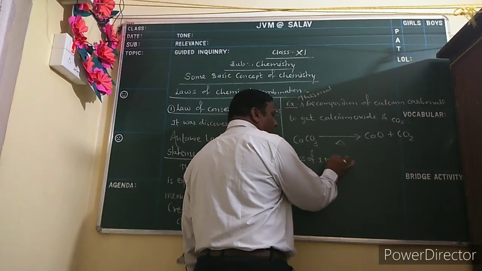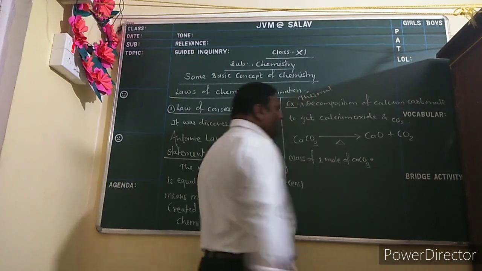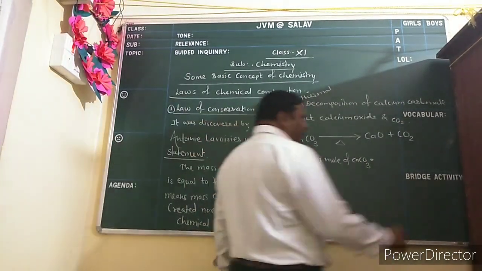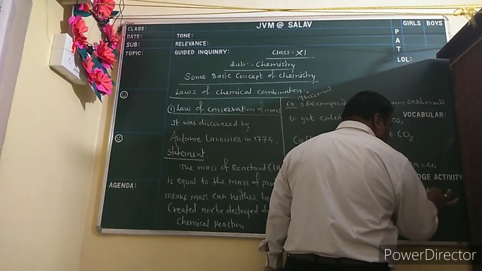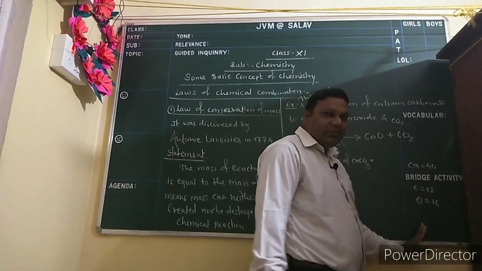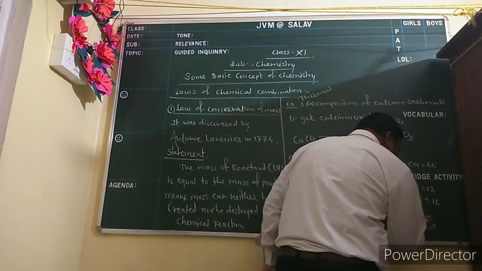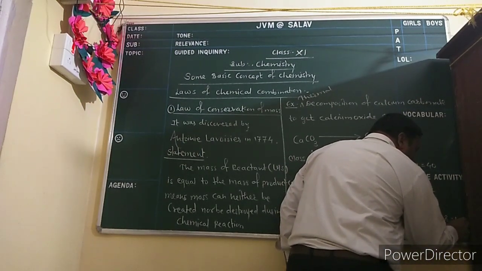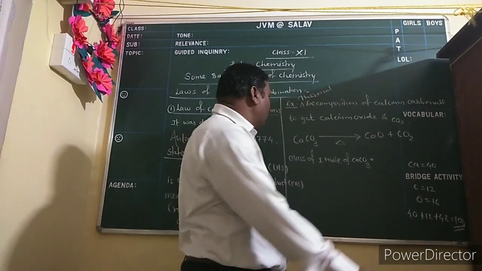So what will be the mass of 1 mole of CaCO3? Here calcium is 40, carbon 12, oxygen is 16. We have to write the atomic mass. When added together, 40 plus 12 plus 48, you will get 100. It is the molar mass of calcium carbonate.